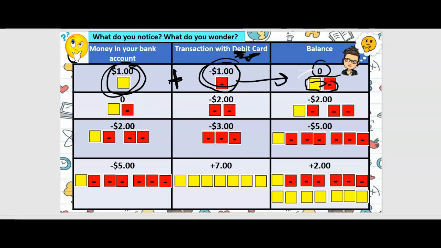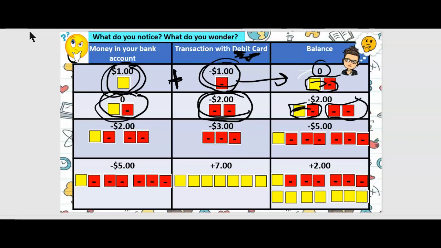All right, let's see what happens now. If you have 0 in your account, and then you spend $2 more with your card. See, that's what this negative here means. You're spending money. Down here, you're going to add money to your account, $7. But right now, you're spending money with your card. So, let's combine this 0 pair that we already have with this -2.